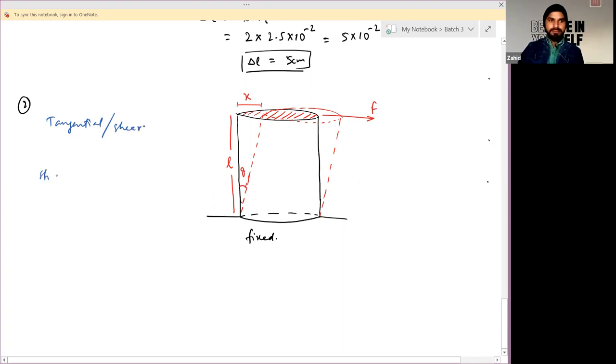So first, shear stress equals tangential force acting on the solid by area of cross section. Correspondingly, the amount of strain developed will be shear strain, and it will be theta, which equals x by L. And if you divide these two terms to get the modulus of elasticity, in this case it will define shear modulus.